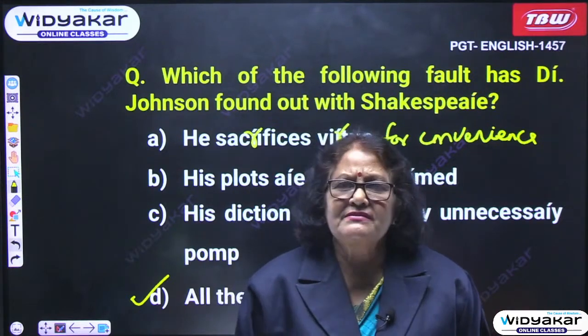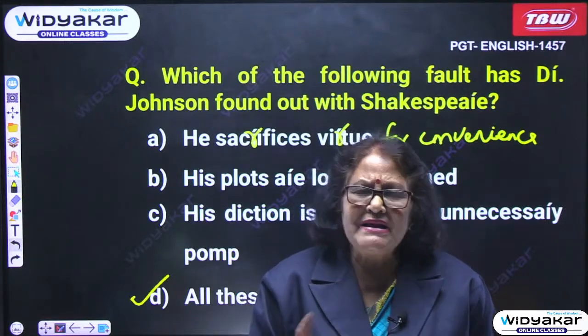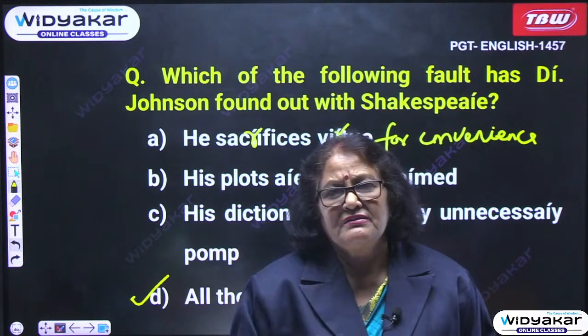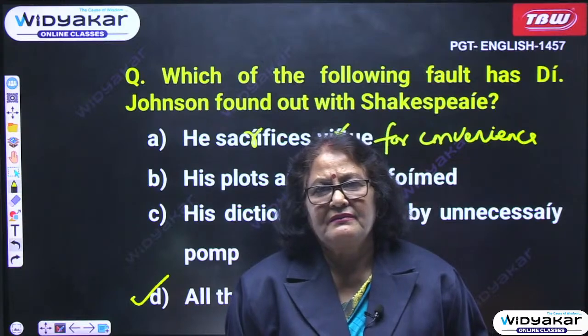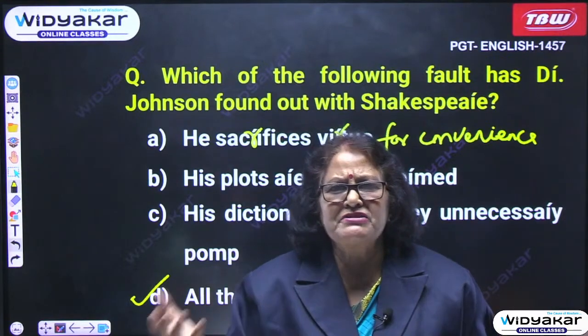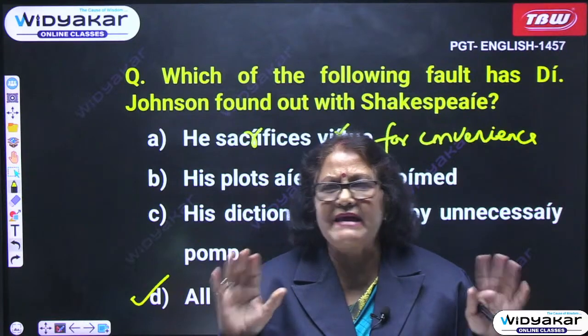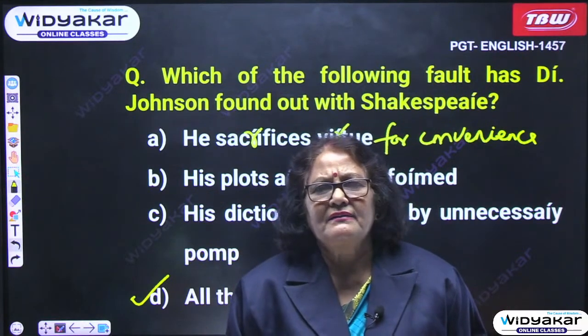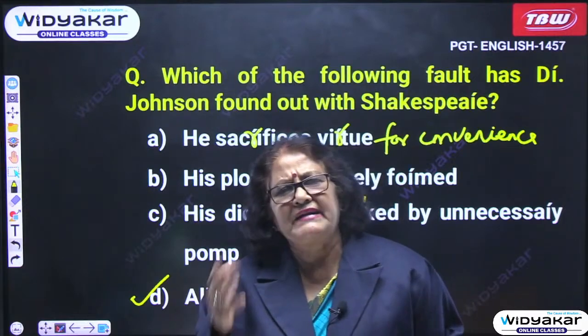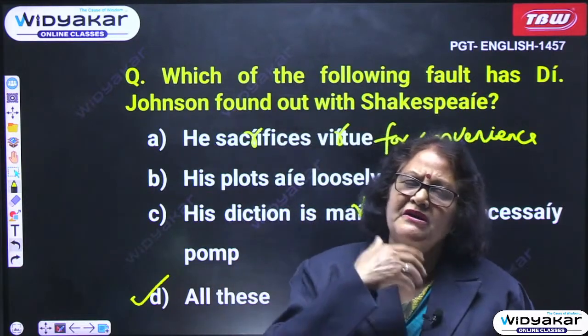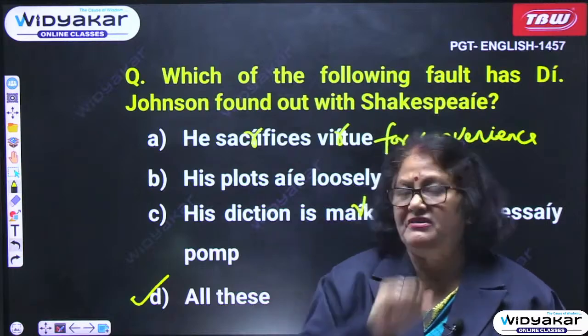He was writing plays to be staged in the Globe Theatre so that people will come, buy tickets, and he would make money. He was not doing charity. He was a businessman. So at times he would sacrifice virtue for pleasure.